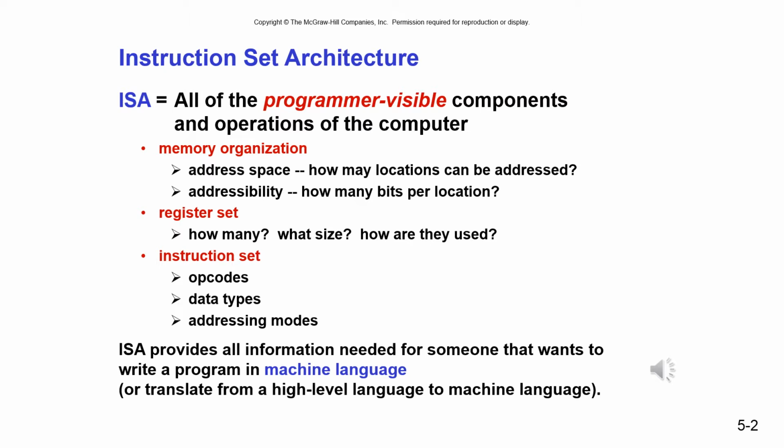The LC3 is a 16-bit instruction set architecture. The register set, how many, what size, how are they used, and then the instruction set, the opcodes, data types, and addressing modes. The instruction set architecture provides all the information needed for someone that wants to write a program in machine language or translate it from a high-level language to machine language.